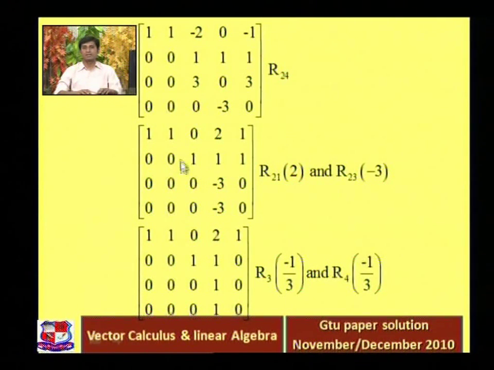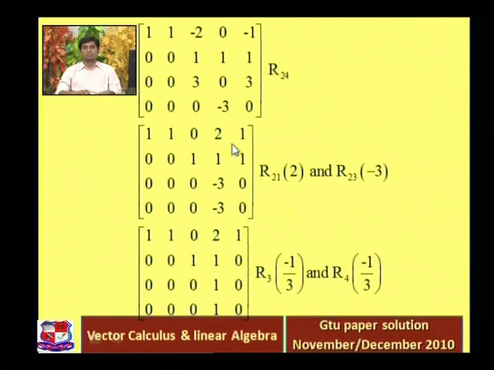Second row is as it is, 0 0 1 1 1. Also we are multiplying second row with minus 3 and add into the third row. So the third row becomes 0 0, then 3 minus 3 0, then 0 minus 3 minus 3, and 3 minus 3 0, and the fourth row is as it is, 0 0 0 minus 3 0.